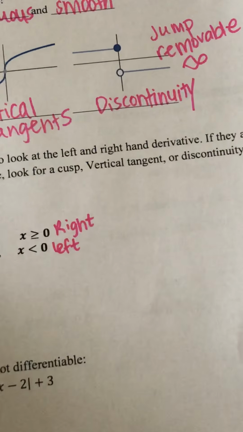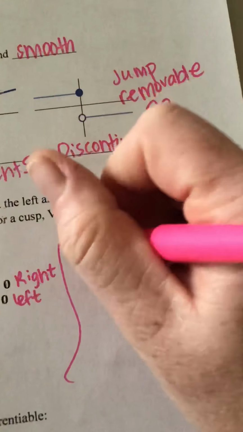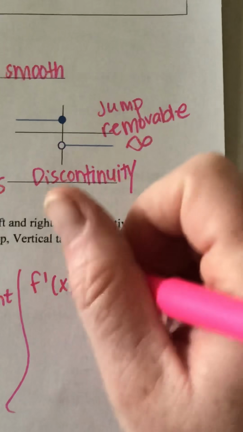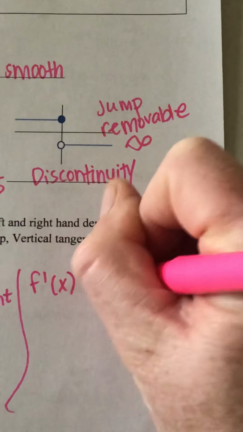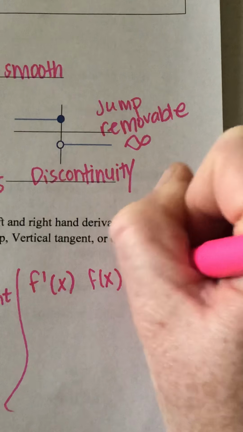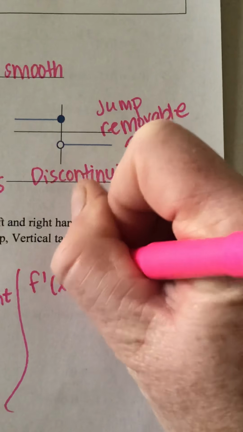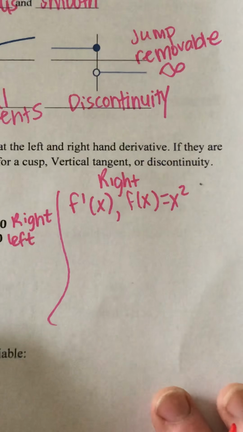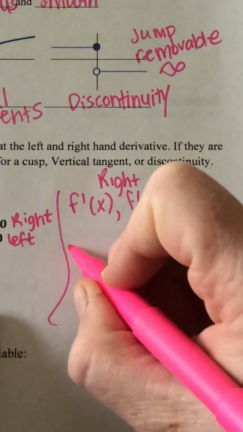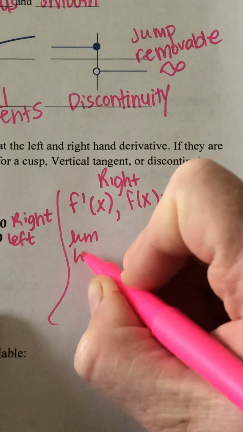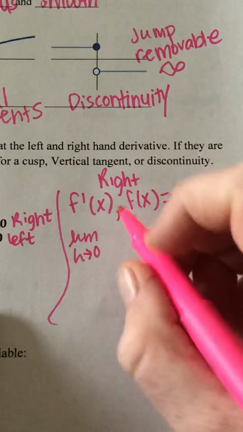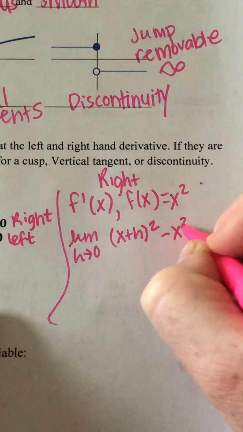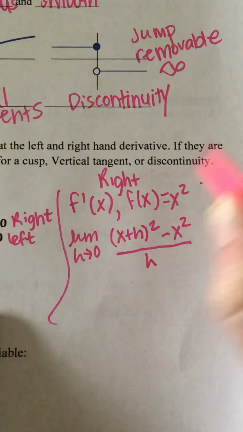Let's take the right f prime of x, when f of x equals x squared. This is our right side of the function, and we'll find that derivative. That's the limit as h approaches 0 of f of x plus h, which is x plus h squared, minus x squared all over h.